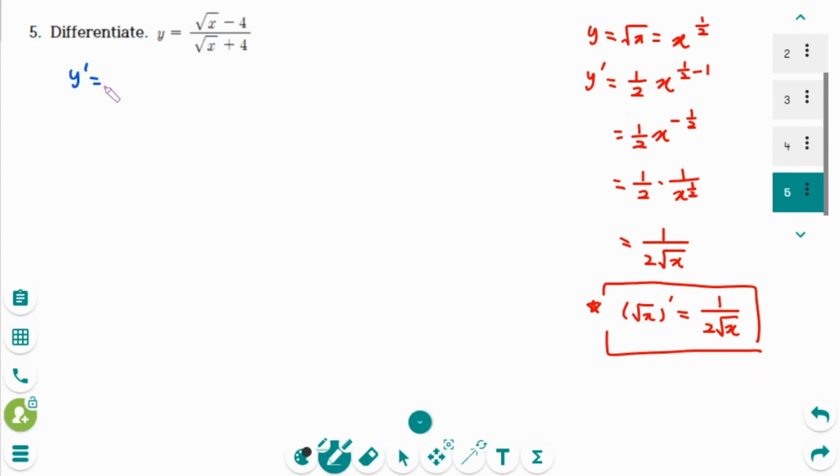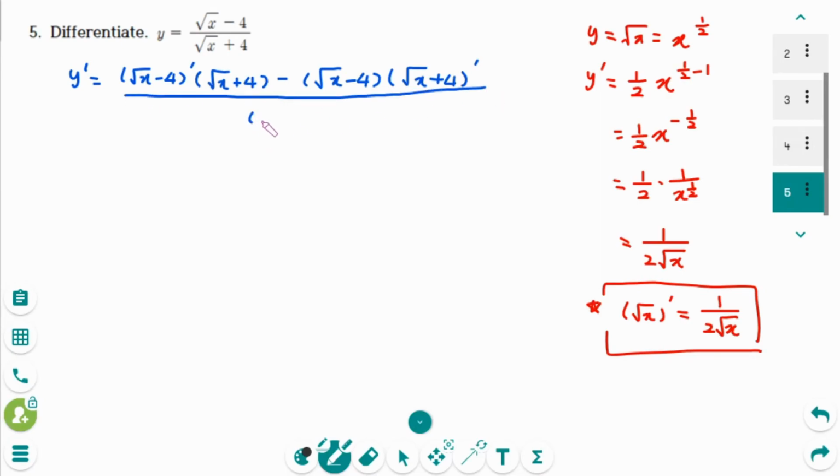Y prime equals square root of x minus 4 prime times the square root of x plus 4 minus square root of x minus 4 times square root of x plus 4 prime over square root of x plus 4 squared.